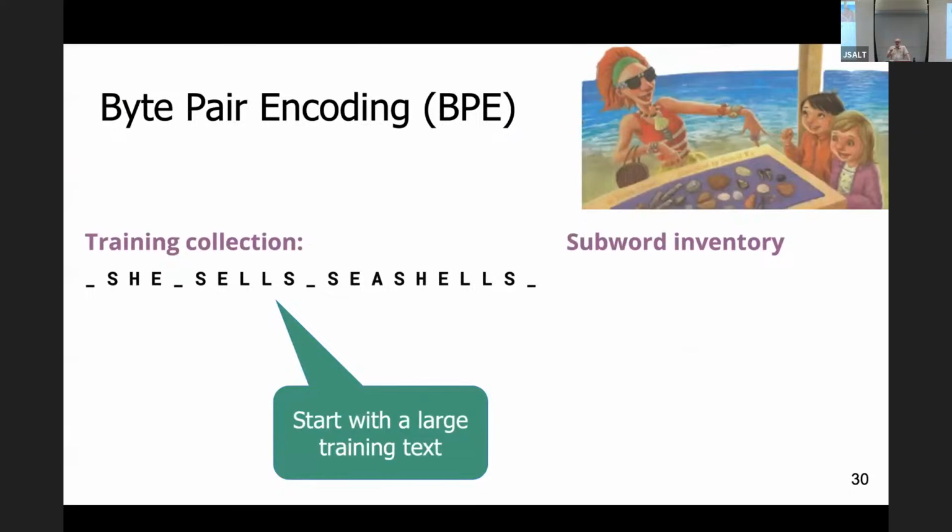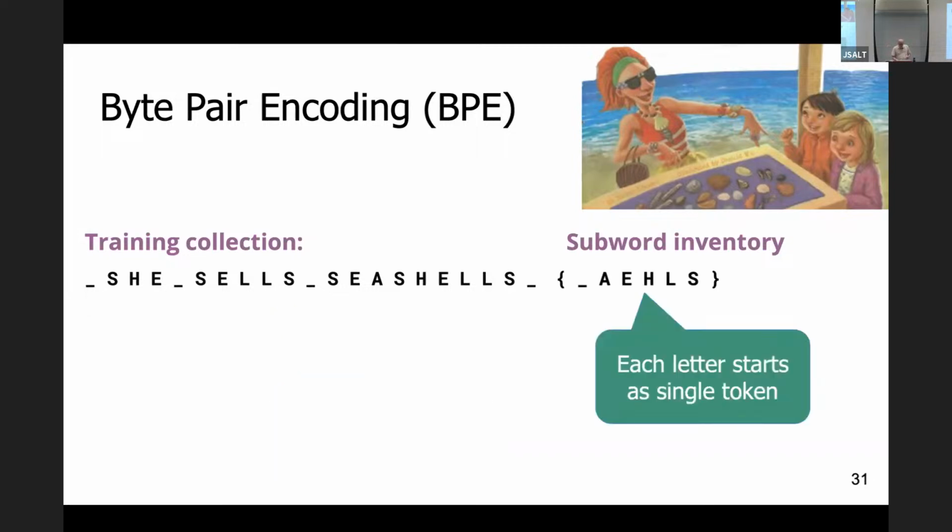As I said, byte pair encoding is the technique underlying what's used now. They put bells and whistles on it, but this is how we do byte pair encoding. You start with some big training collection, just some big wad of text. Then you take each character in that text and treat it as a single token. So you start with an inventory of a bunch of letters.